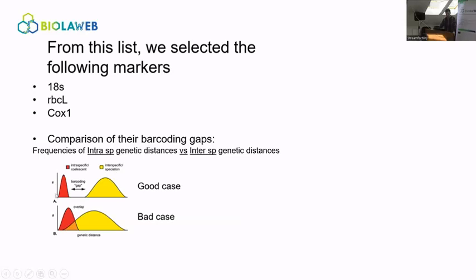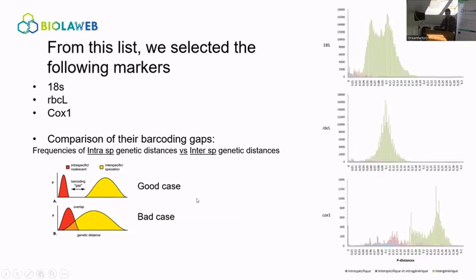In red, you have intraspecific distances, and in yellow, interspecific distances. A good case is when you have this barcoding gap, so when the intraspecific distances are smaller than the interspecific distances. And the bad case is when you have this overlap.